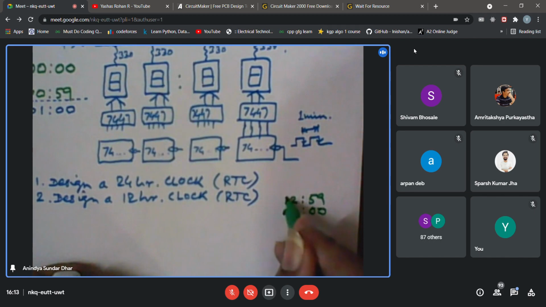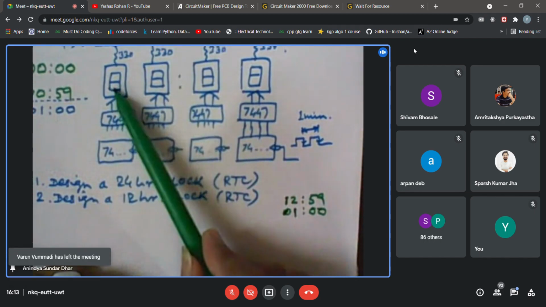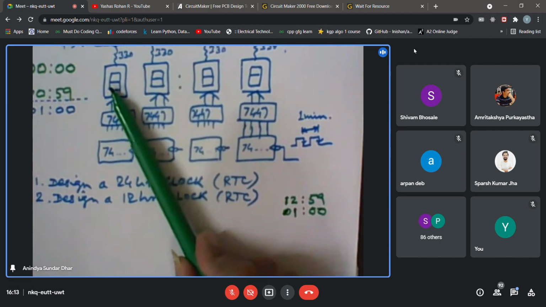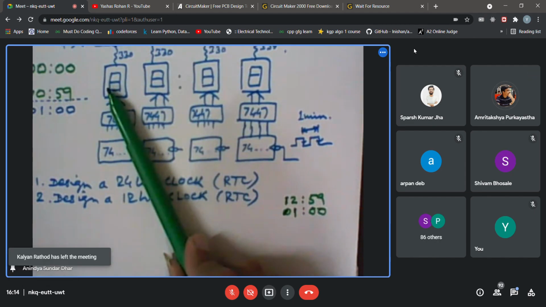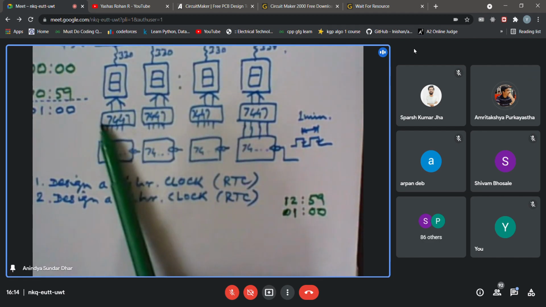But do you think for a 12-hour clock, what are the states of this output? And what are the possibilities of having it here? I can either have a 0 or a 1, right? Nothing else. So for that one, do I really need a full-fledged 7447, or can I do it in some different way?